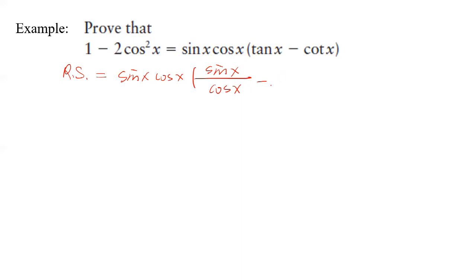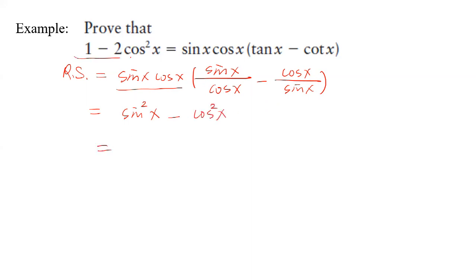And then minus cosine x over sine x. And then distribute this term into the bracket, which is sine x squared minus cosine x squared, right?